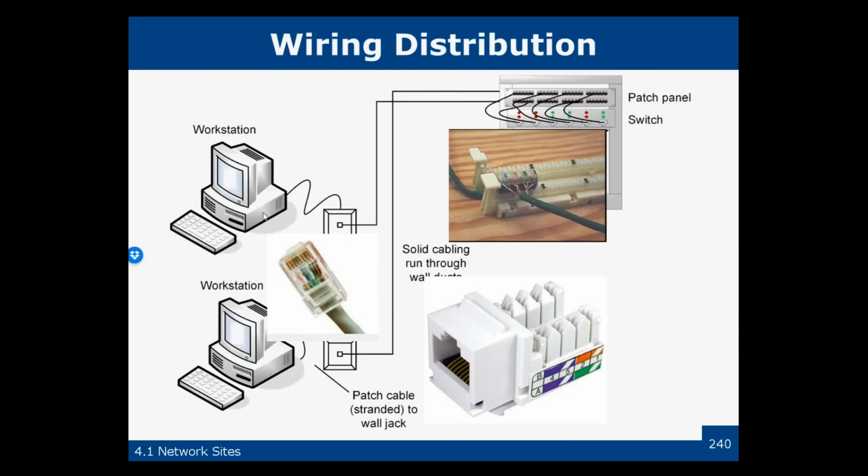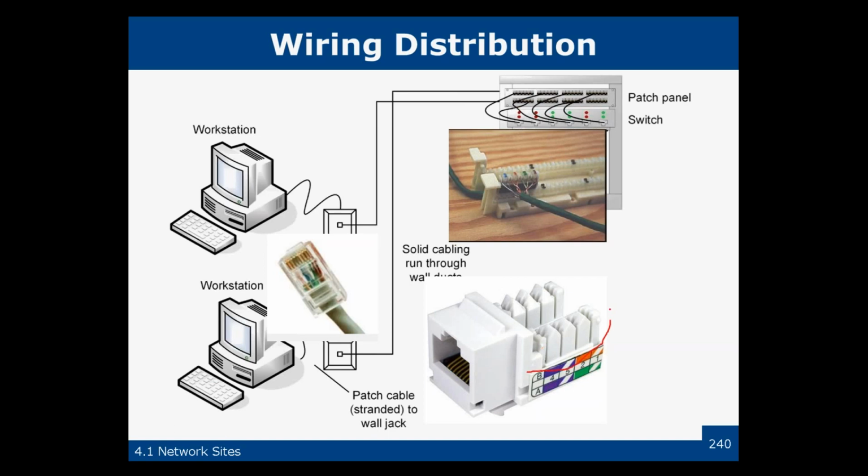So, wiring distribution. We have the workstation, which goes into the wall outlet, and that's what this little jack over here is. If you haven't configured one of these, this is what it looks like.